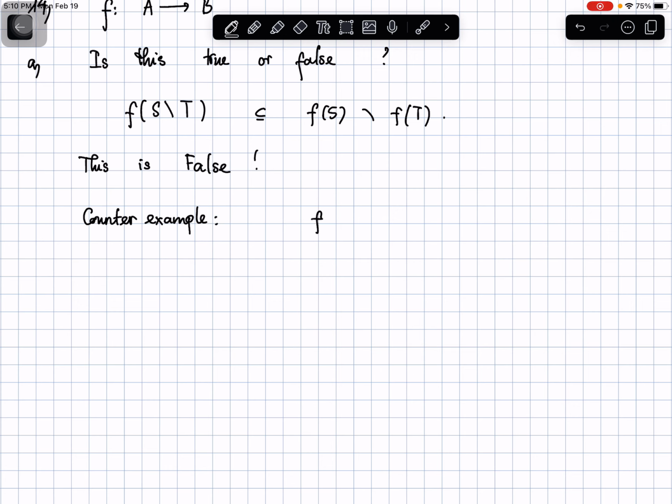Let f be the function from R to R, sending x to x squared.